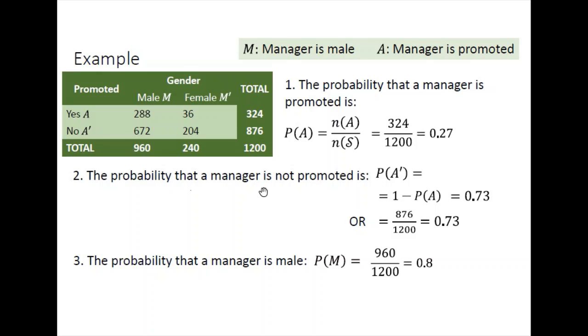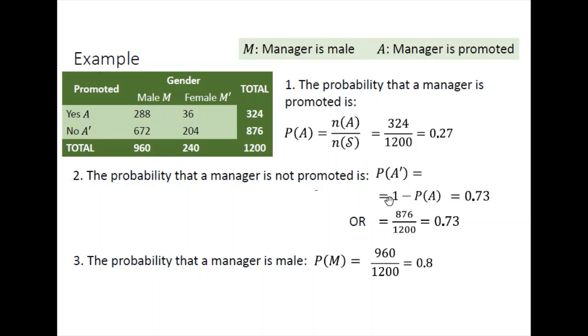What is the probability that a manager is not promoted? When 27% of managers are promoted, it means 73% of managers are not promoted.